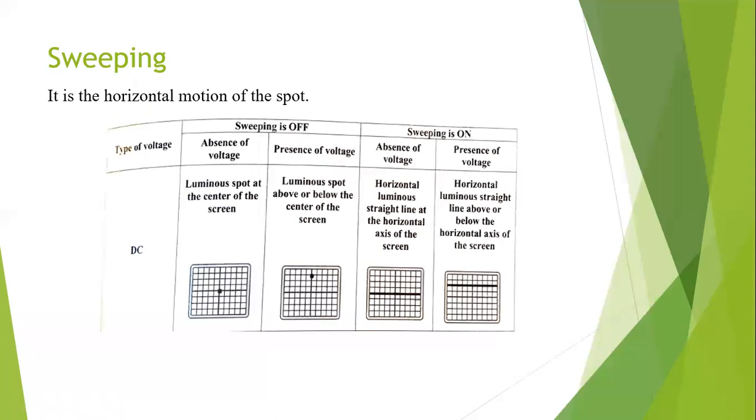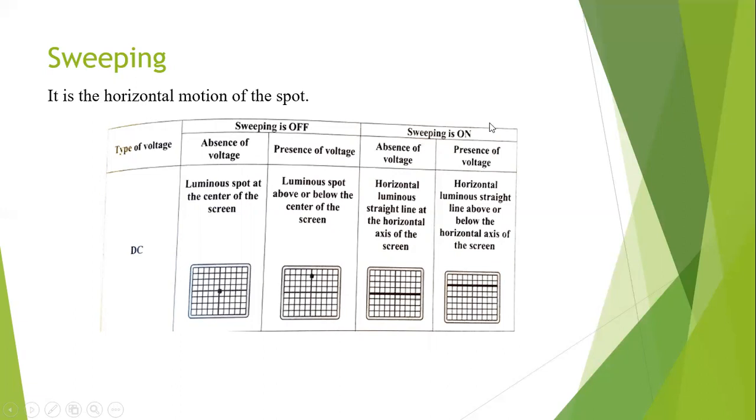Sweeping. It is the horizontal motion of the spot. If we have DC voltage and the sweeping is off, in the absence of voltage, there is a luminous spot at the center of the screen as we see here. And if we have presence of voltage, the luminous spot will be above or below the center of the screen depending on the connection.